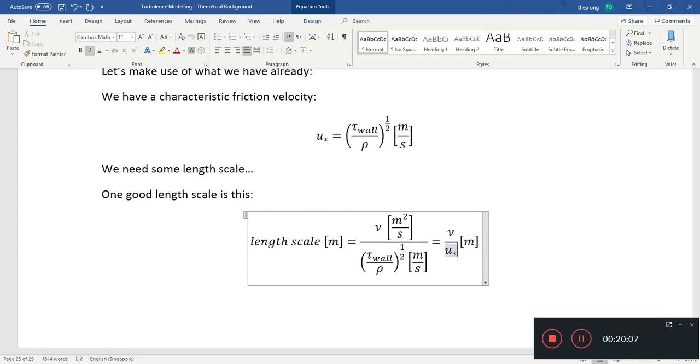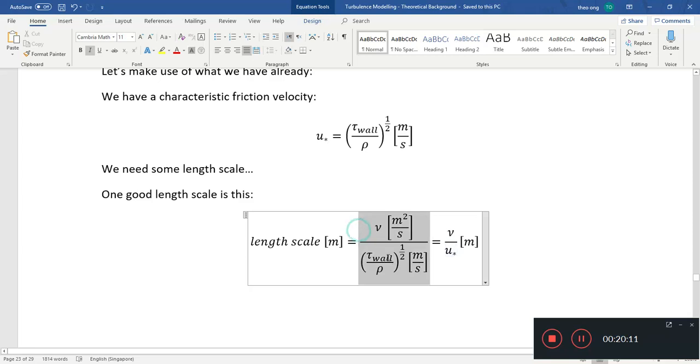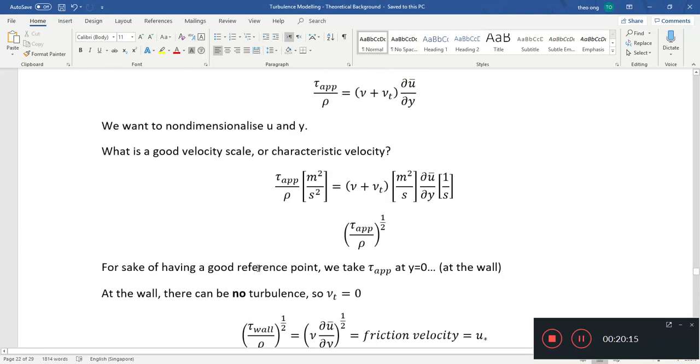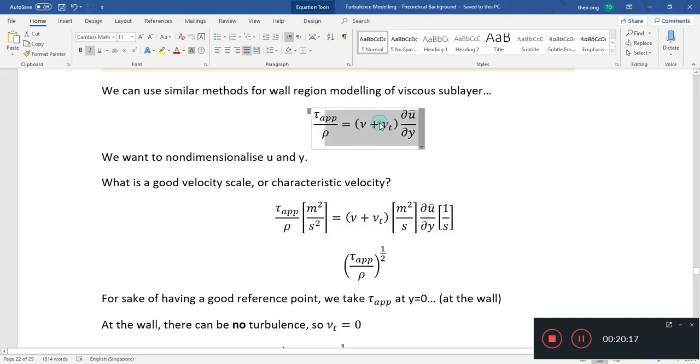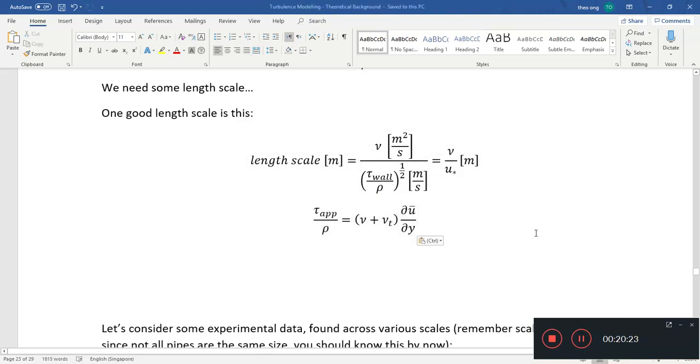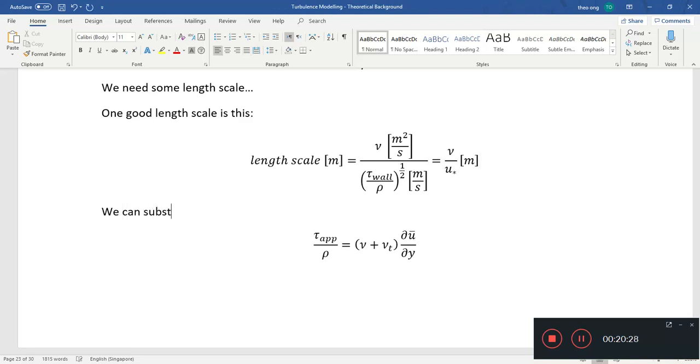So when we substitute this back, we can have a non-dimensional form of this equation.